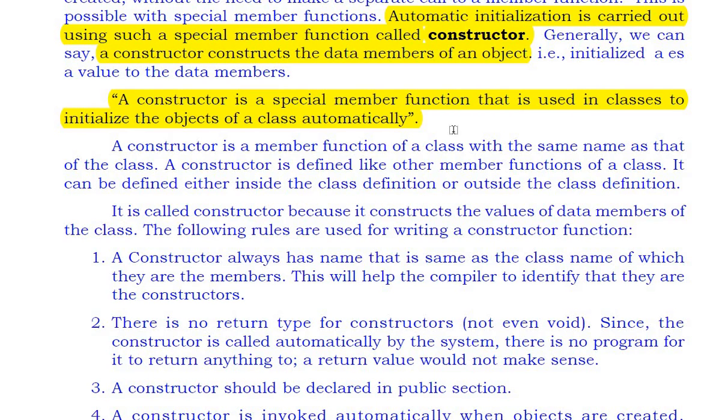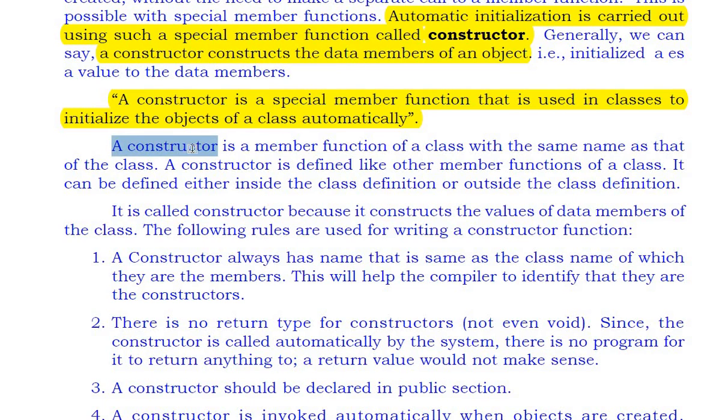So this is the proper definition of a constructor. A constructor is a special member function of a class that is used to initialize the object of a class automatically. You have to remember this definition.